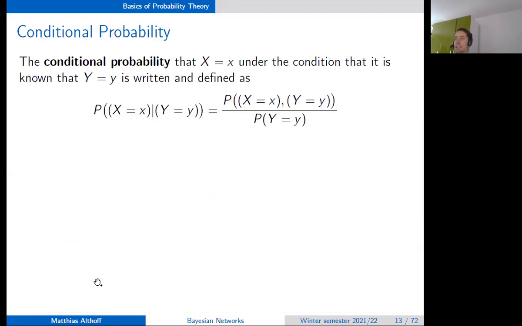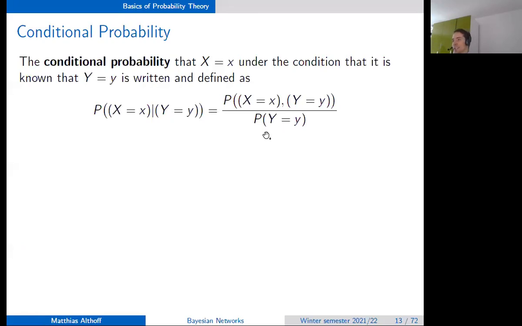Okay, the next thing is conditional probability, and this is defined as follows: the probability that the random variable X has the value x, given that we already know that the random variable Y has the value y, is the joint probability divided by the probability that the random variable Y has the value y.